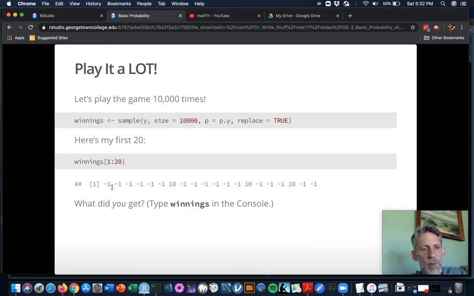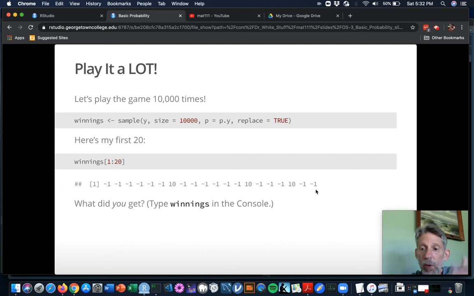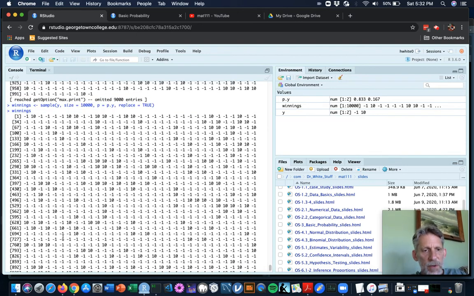So, for example, when I did it making these slides, here were the first 20 numbers I got. I want you to make sure to stop and run this code, and take a look at what you get. So here, I could look a bit at what I get. If I say winnings, I'm only going to get the first 1,000.